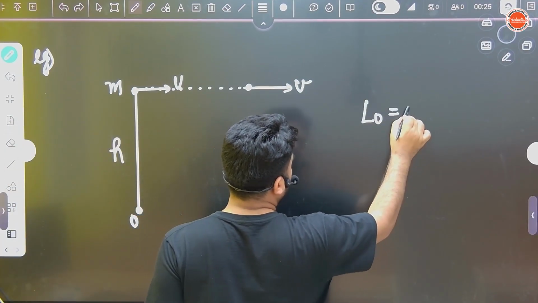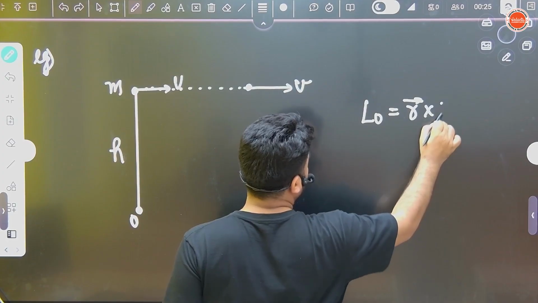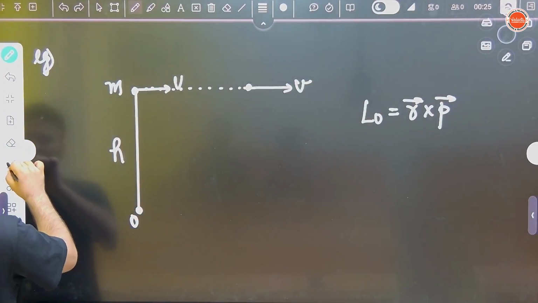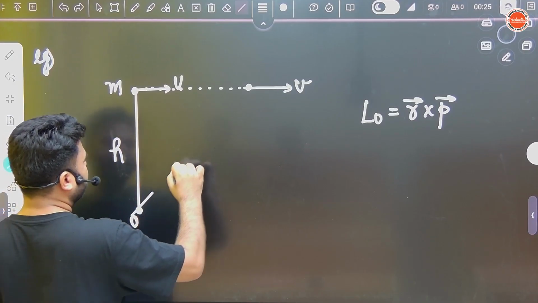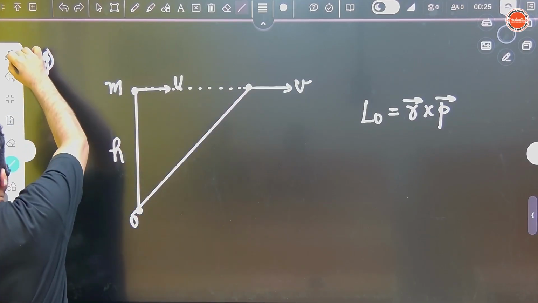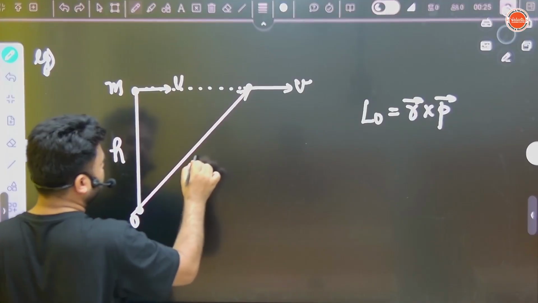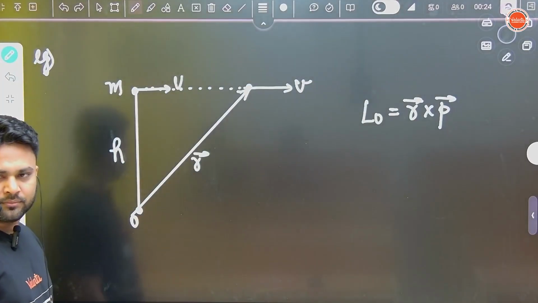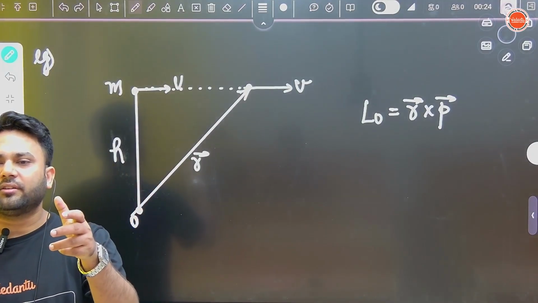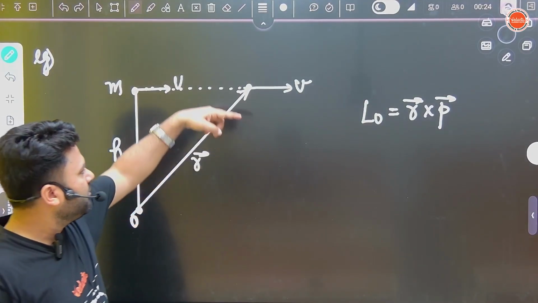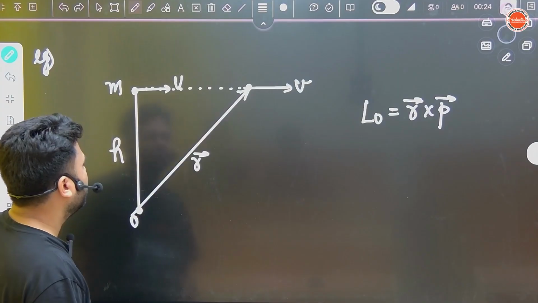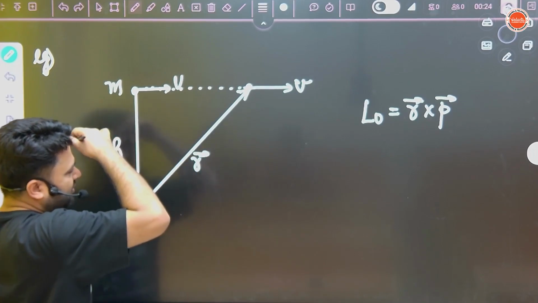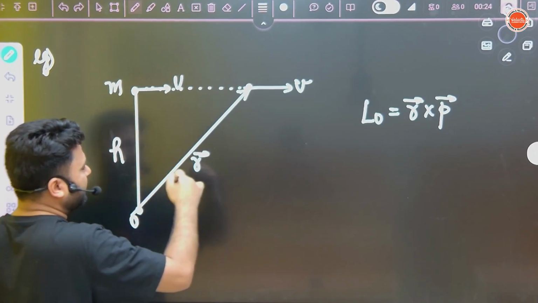Angular momentum is r cross p. This is the formula. r is from the center of rotation to the point where the object is. You draw that vector, this is the r vector, and this is the p vector. The direction of velocity is the direction of momentum. So what is the angle between them?